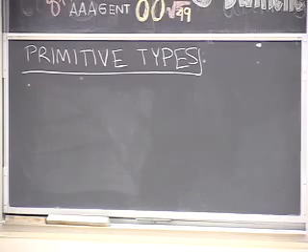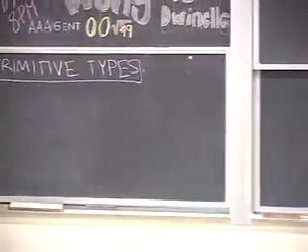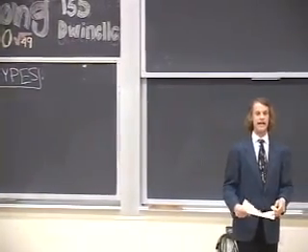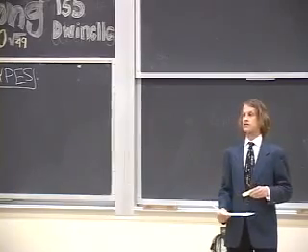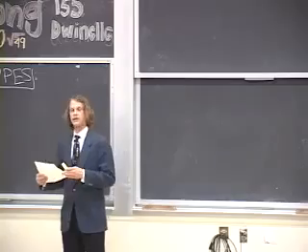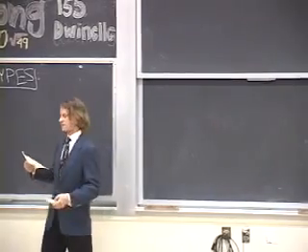References point to an object somewhere. Primitive types are just very simple, basic forms of data like numbers or characters or Boolean values, which means true or false. And so here are some of the basic number types that you can use in Java.